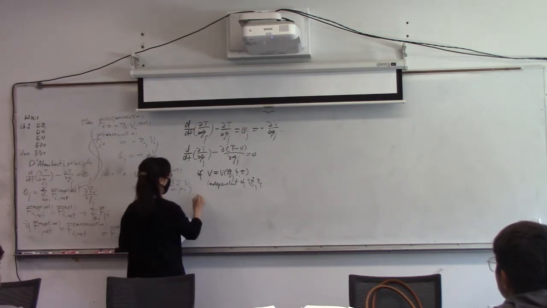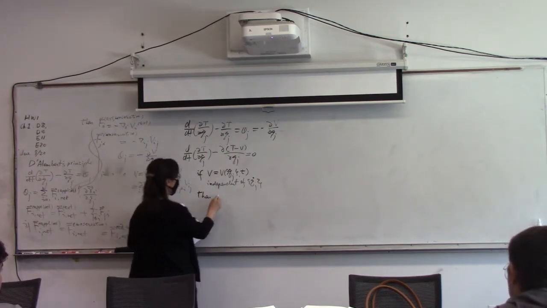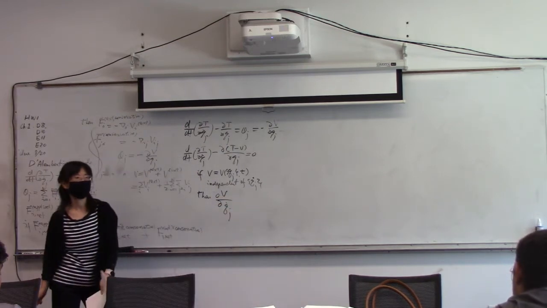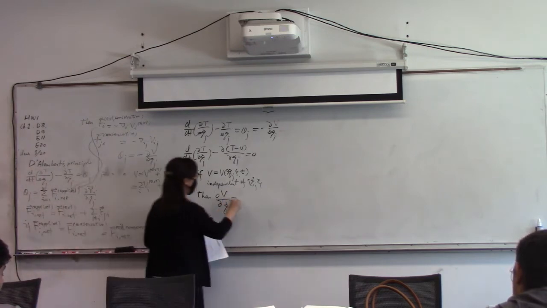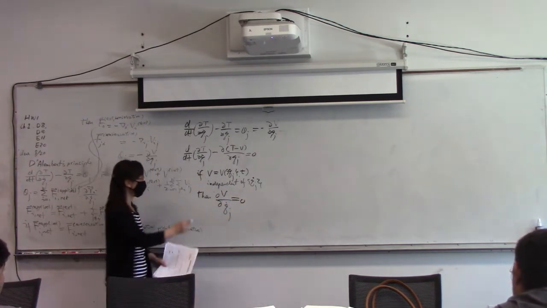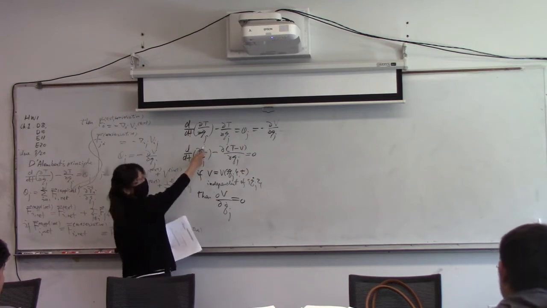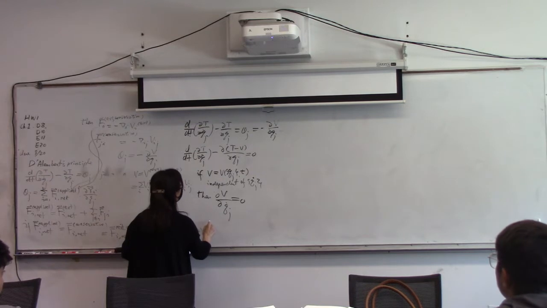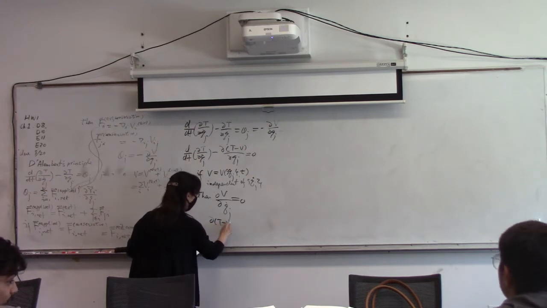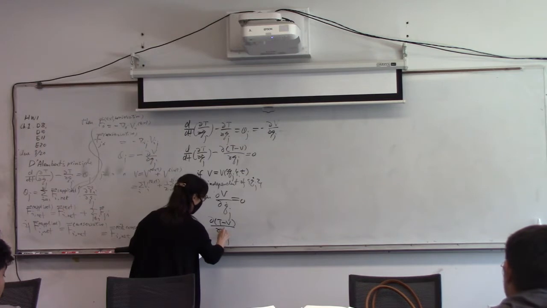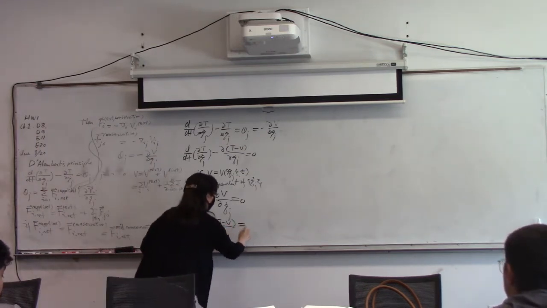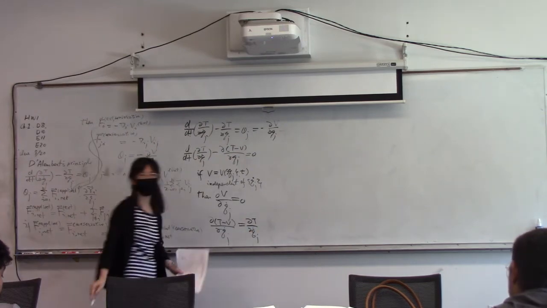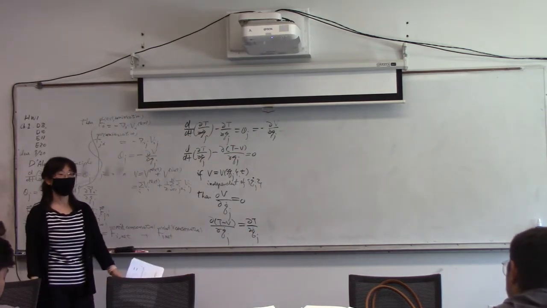So in this case, partial V, partial q_j dot is 0. So I can add it here, and it is still the same. Then partial T minus V, partial q_j dot is equal to partial T, partial q_j dot, because partial V, partial q_j dot is 0.